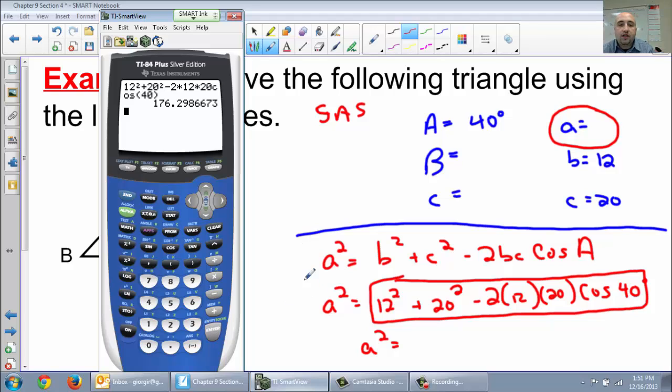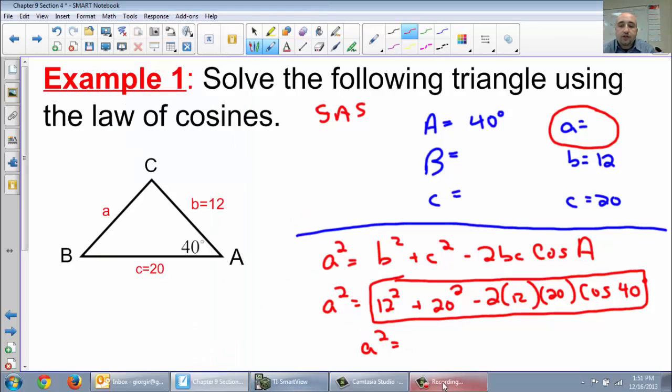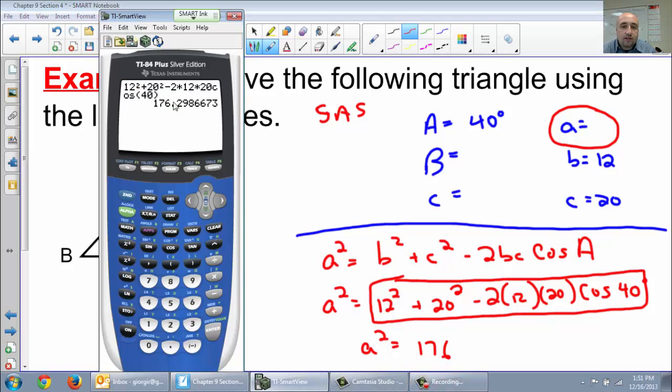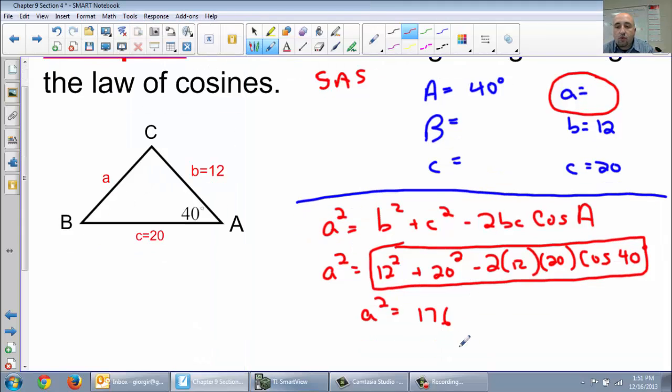And when you hit enter, that will give you your a squared. So it was 176.29. So let's just do 176.3. Now, that's not what I'm interested in.